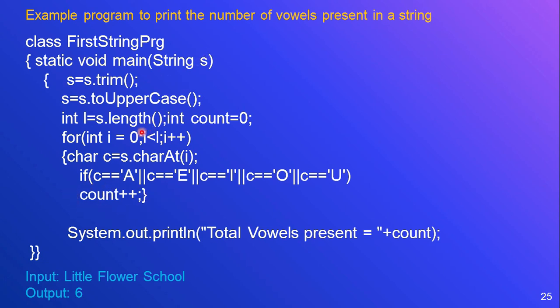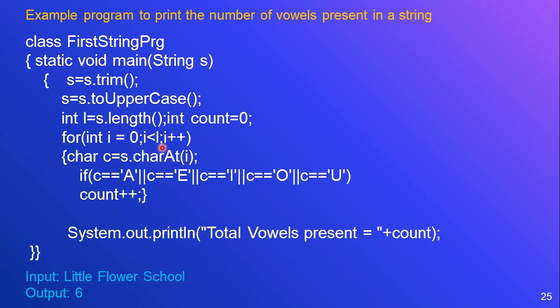Again coming to the next value over here, i plus plus, that becomes 4. Now char c is equal to s dot charAt(4). charAt(4) means E is extracted. Now checking, E belongs to this category? Yes, this is true over here. So the counter variable will be incremented. Now what is the new value of this count? 2.